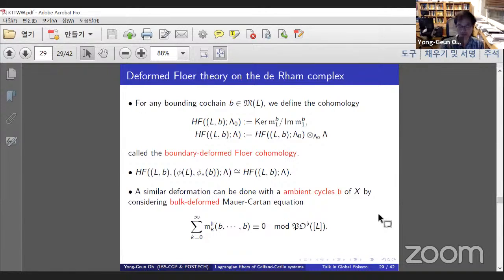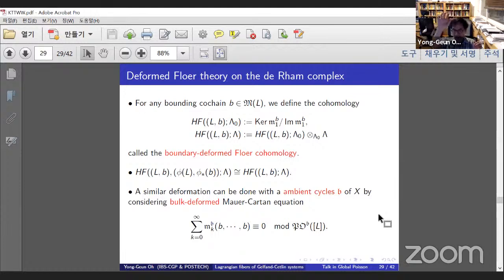So I already mentioned how the boundary deforms the Floer cohomology. For each solution of this Maurer-Cartan equation, we can deform the Floer cohomology to define boundary-deformed Floer cohomology. And you can play the same game for the ambient cycles. Now you again choose some ambient cycle B, and that actually deforms the whole A-infinity structure. Previously, I just wrote the M without the superscript B, but now I have a superscript B. That's the ambient cycles.